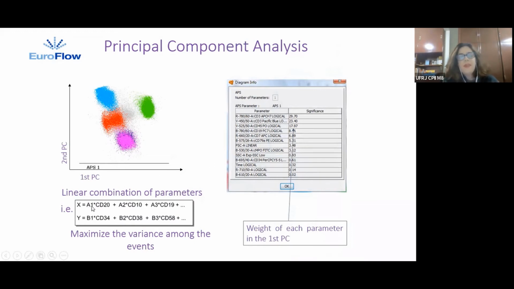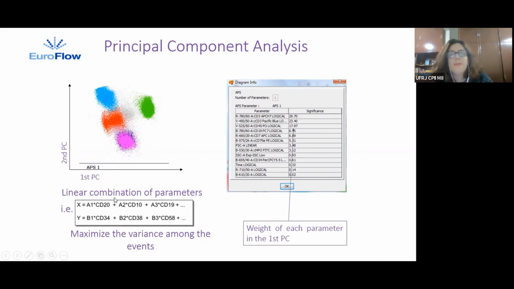It's totally unsupervised. The method attributes a weight to each parameter, and these weights are adjusted to achieve the maximum variance among the events. So we have here the populations split in one two-dimensional graph.